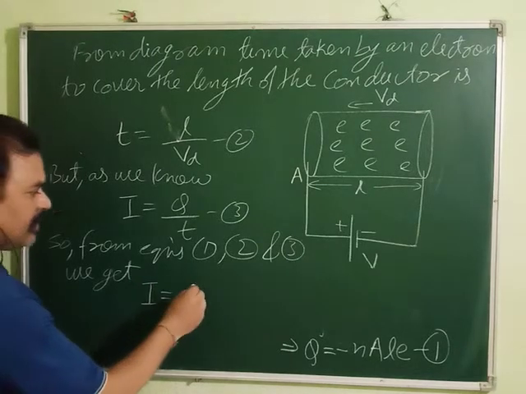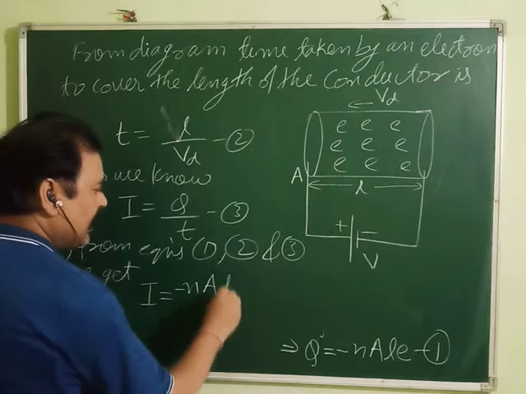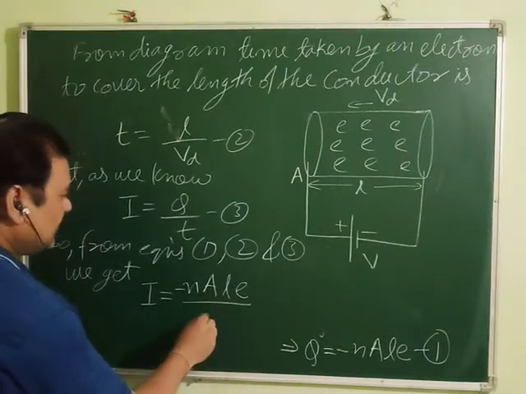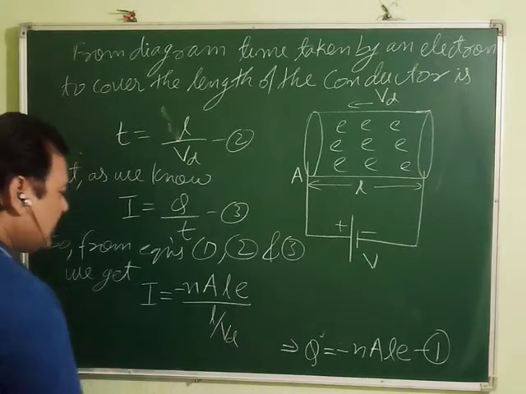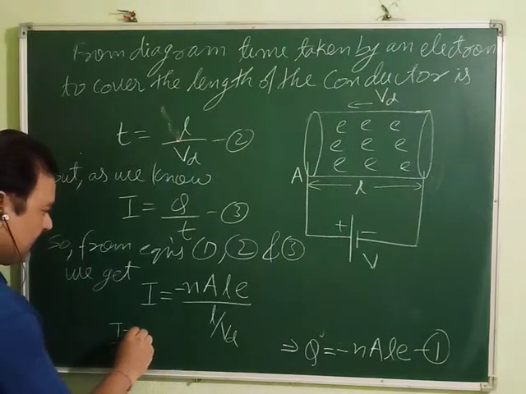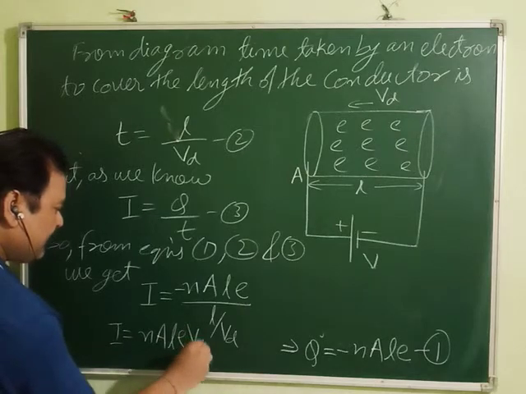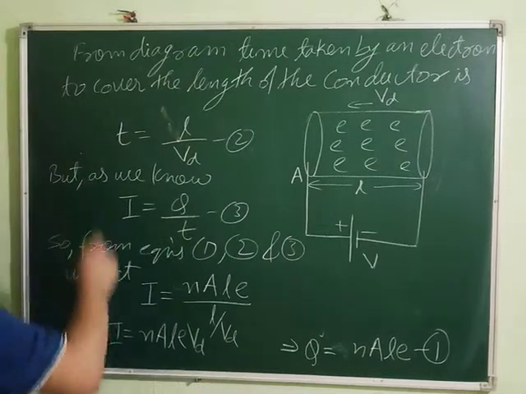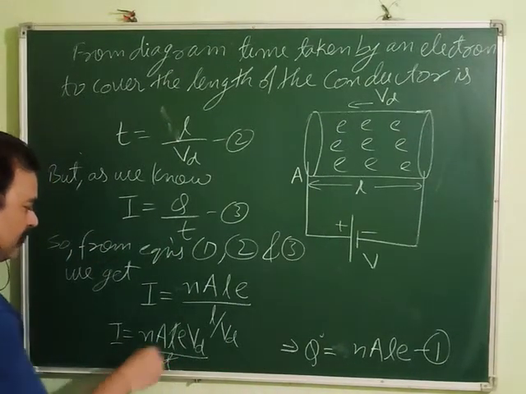So I is equal to n A L e upon L by Vd, that is n A L e Vd upon L. The minus sign we don't take, we take only the magnitude of the charge. L and L cancel out.